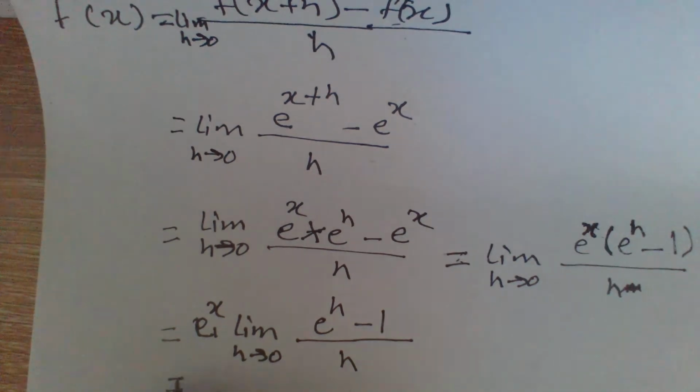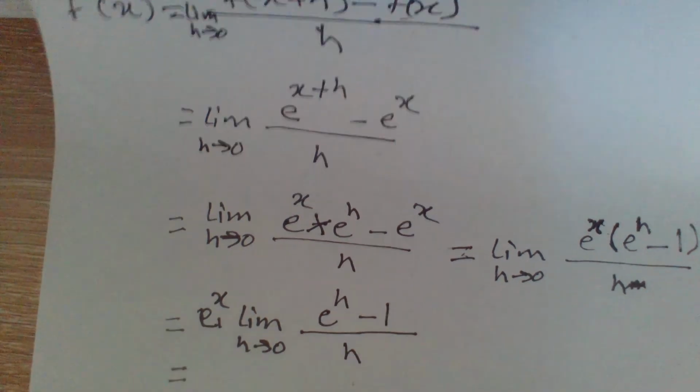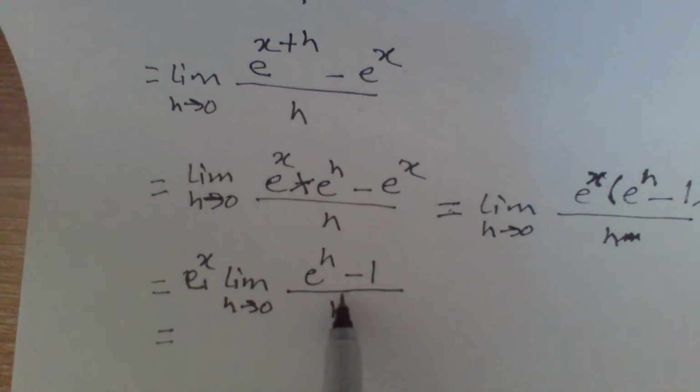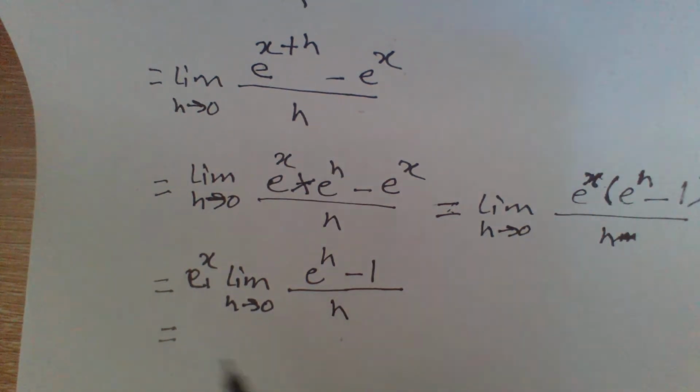Now it's easier for ourselves. We know that the limit as h goes to 0 of e to the power of h minus 1 over h is practically 1. If we substitute 0 for h, we get 0 over 0, an undefined number. So instead of writing undefined, we just write 1.